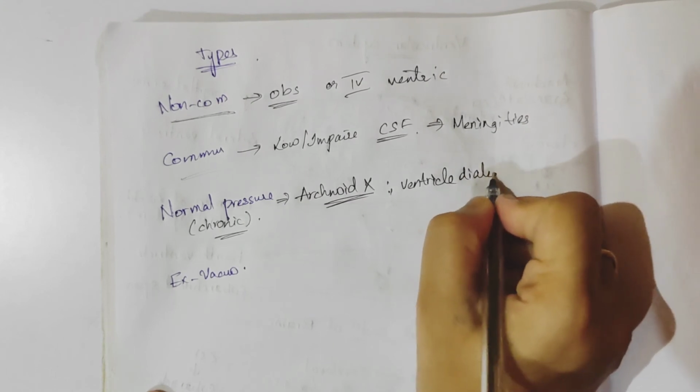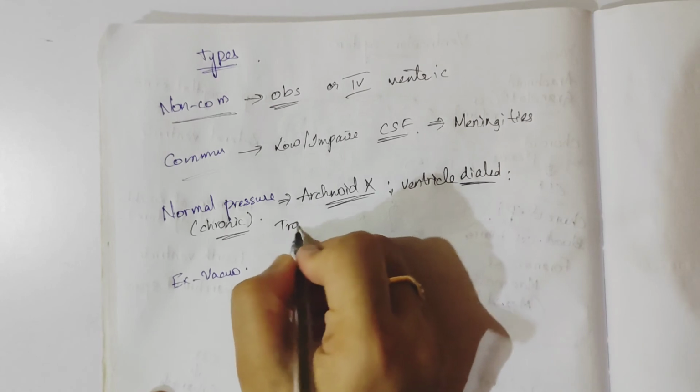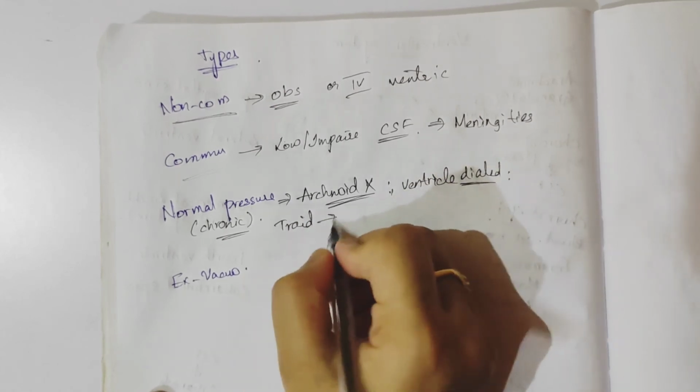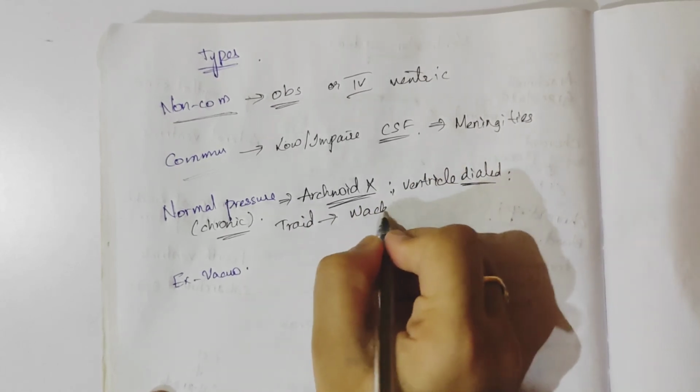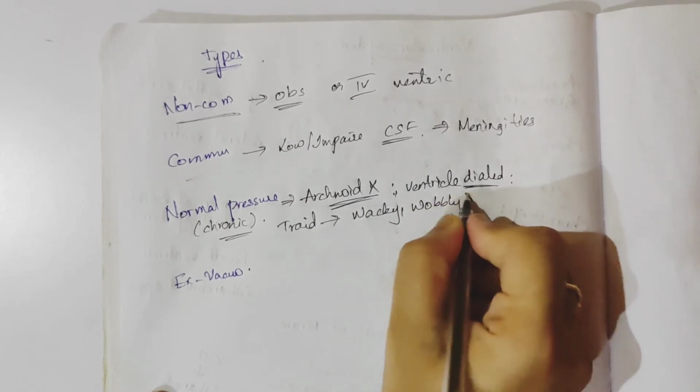The ventricles dilate here, and this classically has 3 signs, the triad. We can call it wacky, wobbly, and wet.